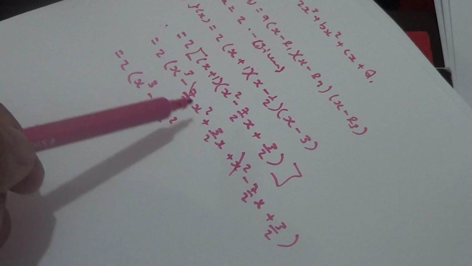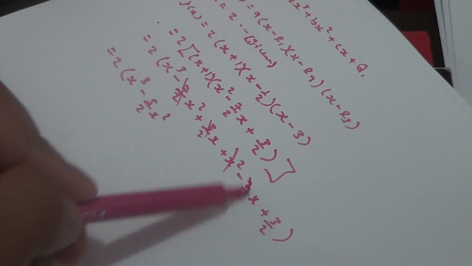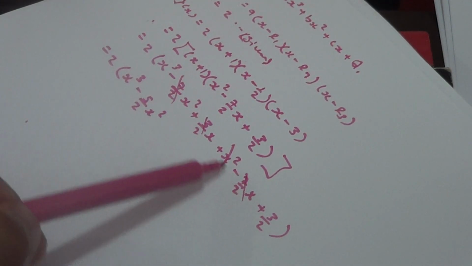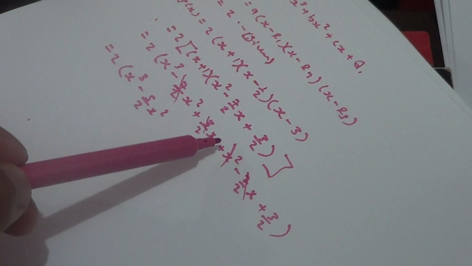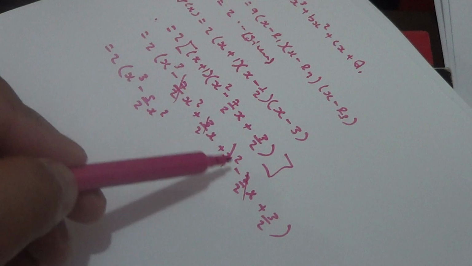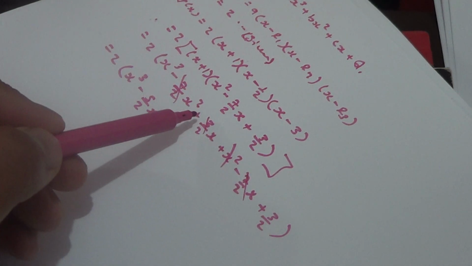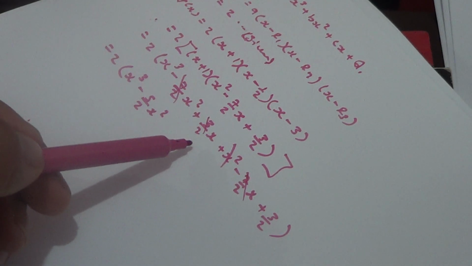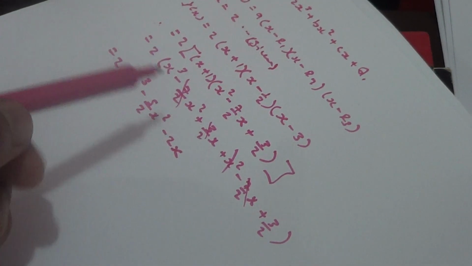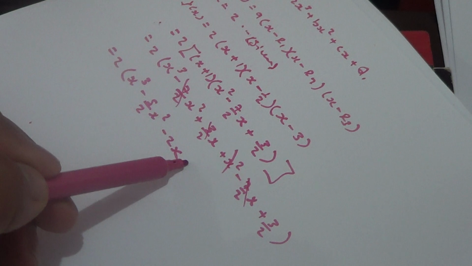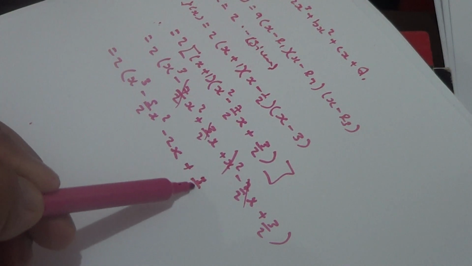Alright, and then we go and deal with this guy and that guy. Again, here they have the same denominator, so we just simply subtract the tops. So what we have there is 7 minus 3, which is minus 4. Divide by 2, it's minus 2, so it's minus 2x here. And then we just have the last one, 3 over 2.